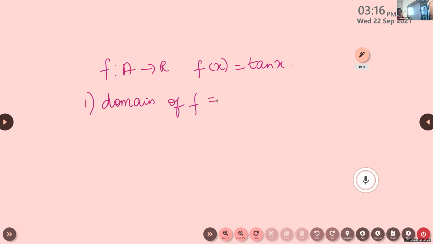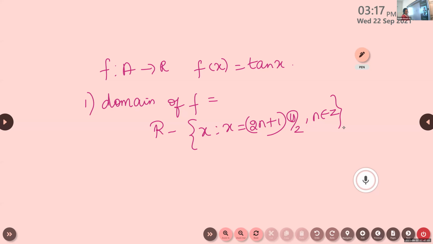So we can define the domain as R minus the set of all x such that x is of the form (2n plus 1) pi by 2, odd multiples of 90. So all the real numbers except these, because we know that tan 90 is not defined.